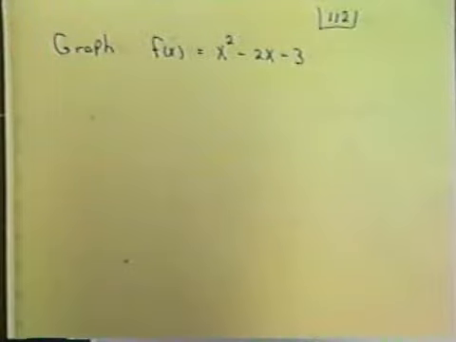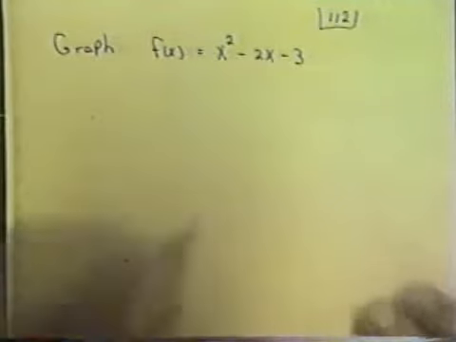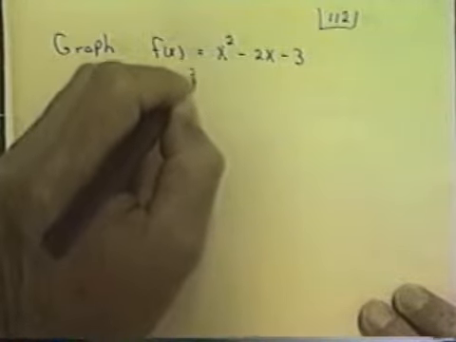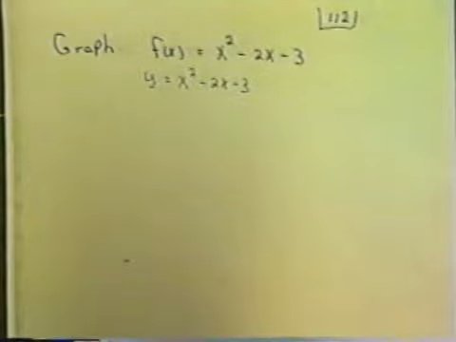Now let's graph another one. Let's graph f of x is equal to x squared minus 2x minus 3. This is the same as saying that y is equal to x squared minus 2x minus 3. Because remember, f of x does mean y.